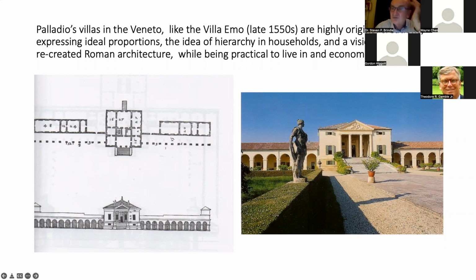They have, of course, almost nothing to do with ancient Roman villas, which didn't really look like this at all, but that really wasn't the point. The Villa Emo is a case in point. It has a temple front portico, which, as we know, private residences in the ancient world almost certainly did not do. They were far too much associated with temples, with the homes of the gods.